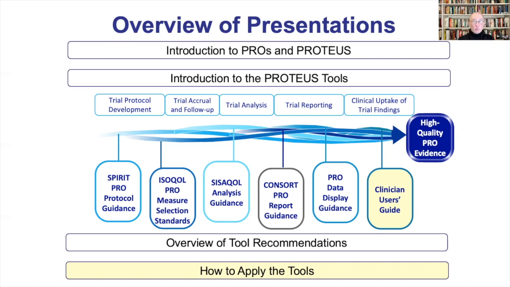There is a second set of presentations that provide the level of detail for actually applying the tool's recommendations in practice. This is the 6th of these more detailed presentations in that series. All of the presentations are posted on the Proteus website, that is at the ProteusConsortium.org.